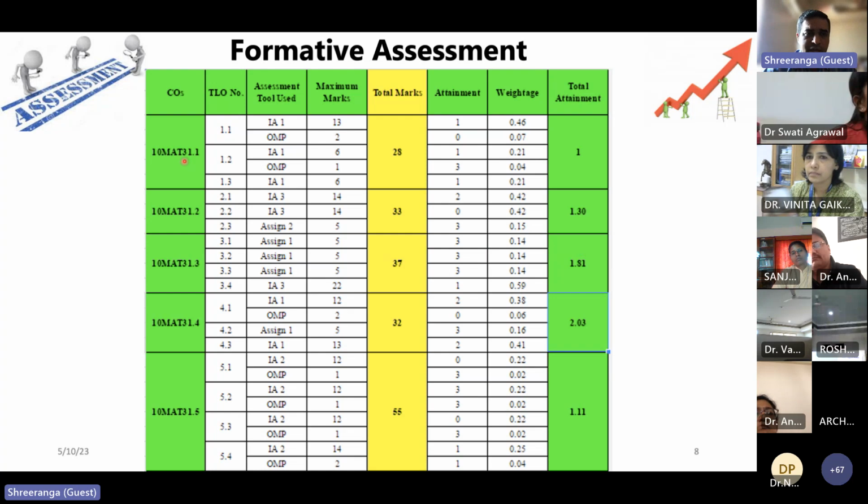Now, as I have explained, this is subject code 10 Mat 31, a mathematics subject for engineering students. Point 1 over here is CO1. You can see CO2 of that particular subject, CO3, CO4 and CO5. Now this CO number 1 has been split into 3 different TLOs, topic learning outcomes.